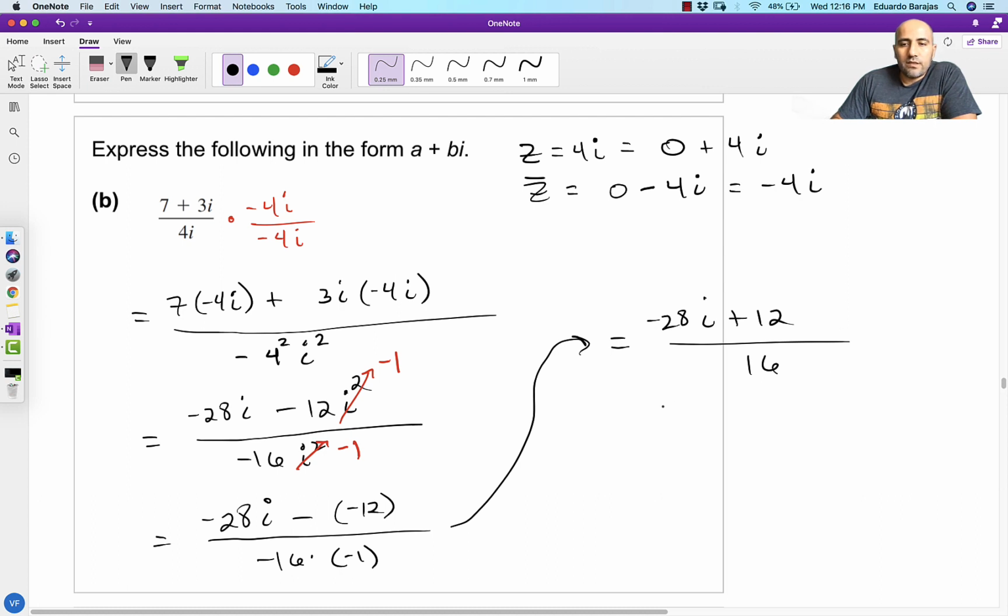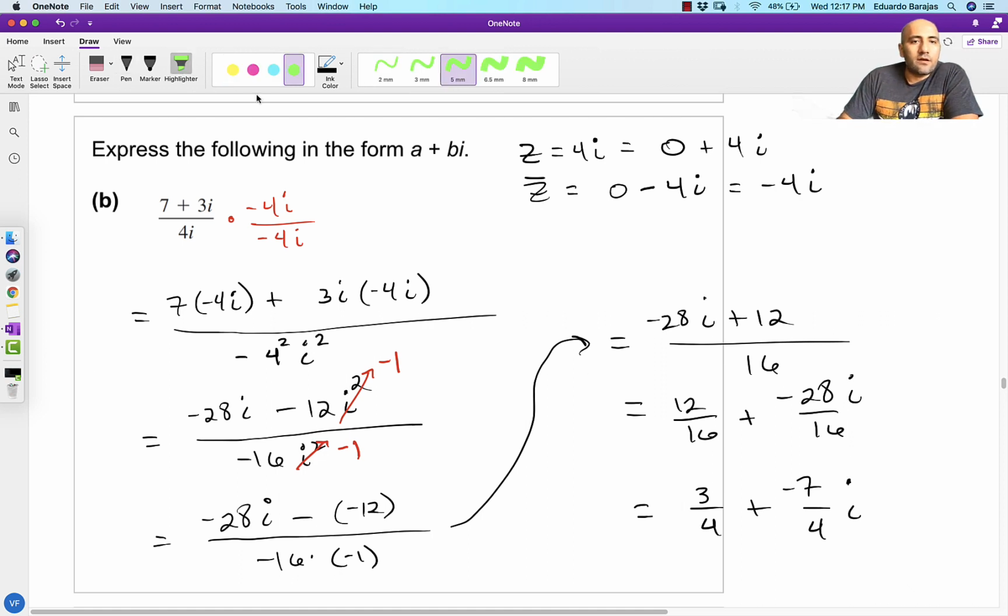And so just moving things around a little bit, I end up with 12 divided by 16 plus negative 28i divided by 16, which can then reduce. 4 goes into 16 4 times. 4 goes into 12 3, so this is going to be 3/4 plus 4 goes into 28 7 times, so this is negative 7/4 i.